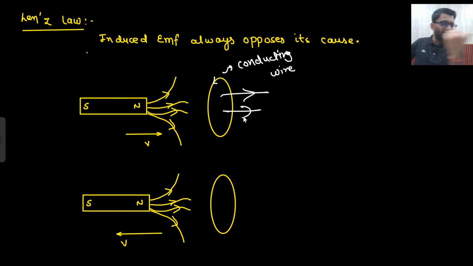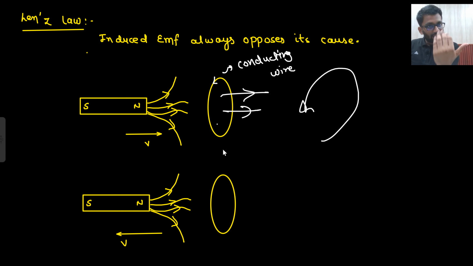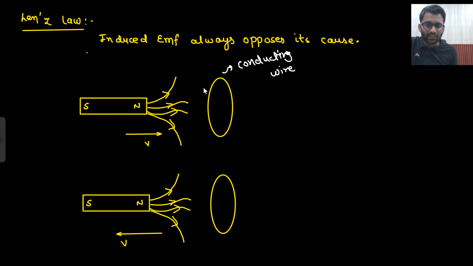Now it will generate some current. If I assume the current is generated like this, then what will be the direction of the magnetic field? The current is increasing the magnetic field, but no, it should oppose the magnetic field. That means it should flow opposite. So if it flows opposite, if it flows in this manner, then what will happen?